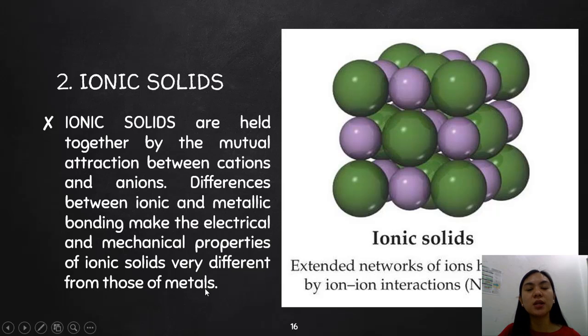So ionic solids are made up of a metal and a non-metal. In ionic bonding, one element gives up the electron to the other element.